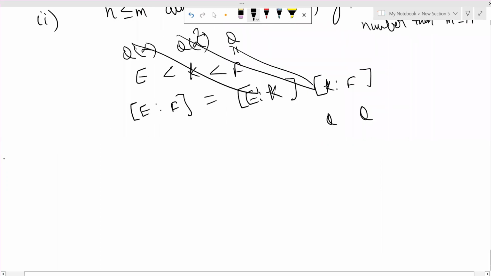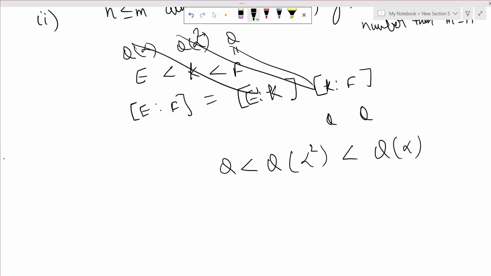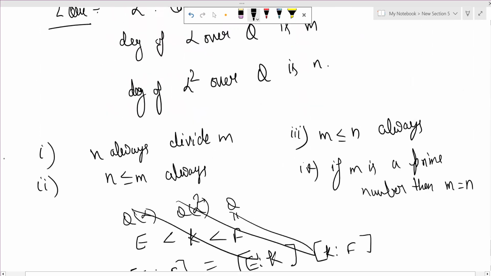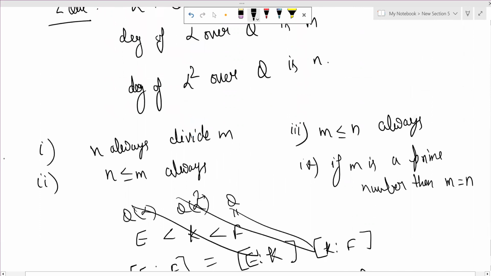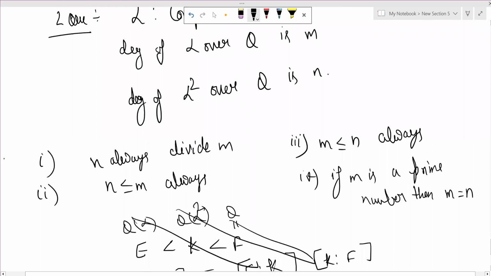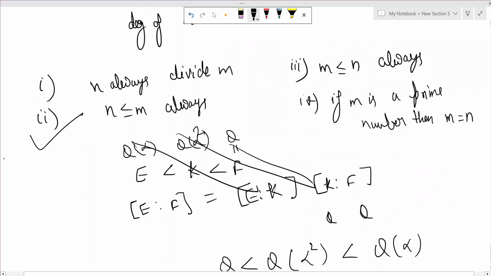So this is the chain: here is your Q, this sits inside Q(alpha square), and this sits inside Q(alpha). Alpha belongs to Q(alpha), so alpha square is already also in Q(alpha). So the degree of alpha square should be less than the degree of alpha. The degree of alpha square is n, and the degree of alpha is m. So n should be less than m.